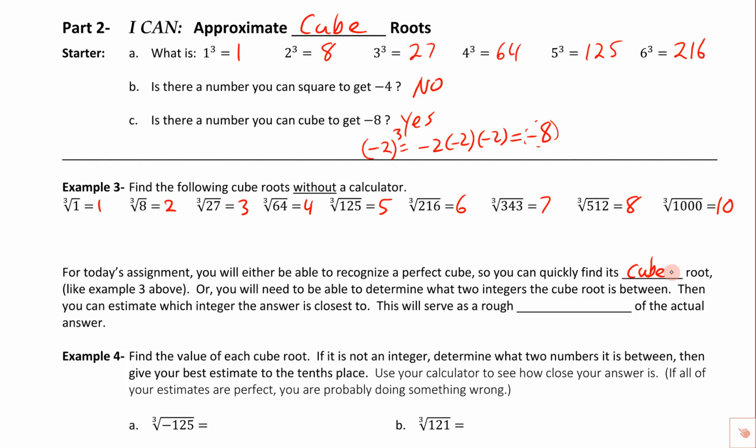So what two perfect cubes it would be between, kind of like we did yesterday with the perfect squares. So once we know what two integers that cube root is between, then that's going to serve as our estimate. We're going to figure out which integer it's closer to, and that's going to serve as our rough estimate or approximation of the actual answer.